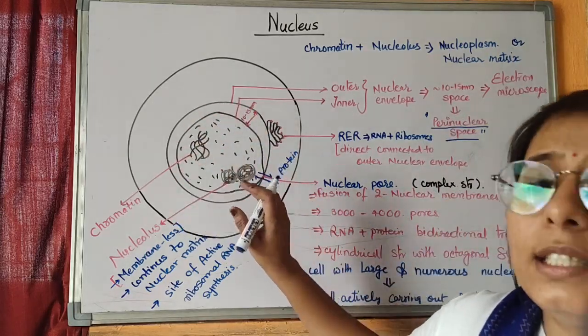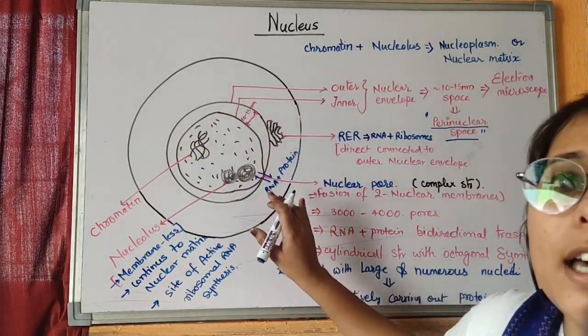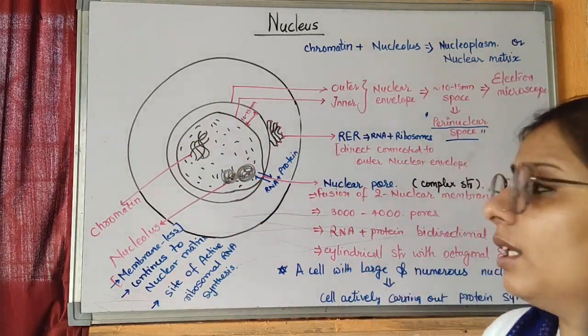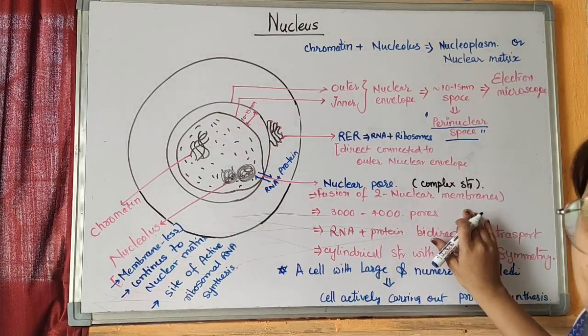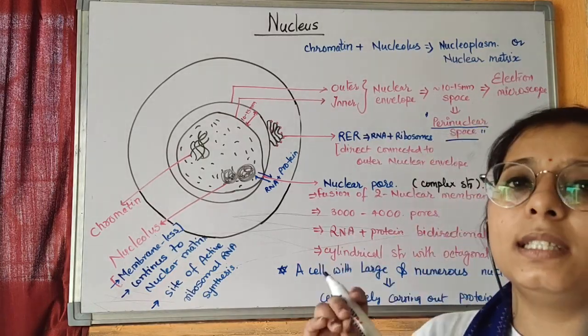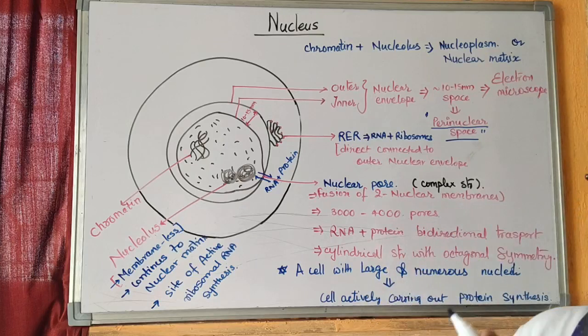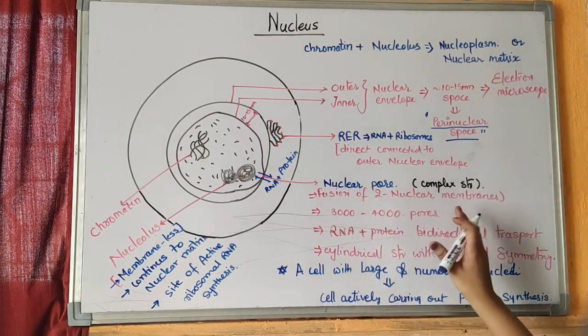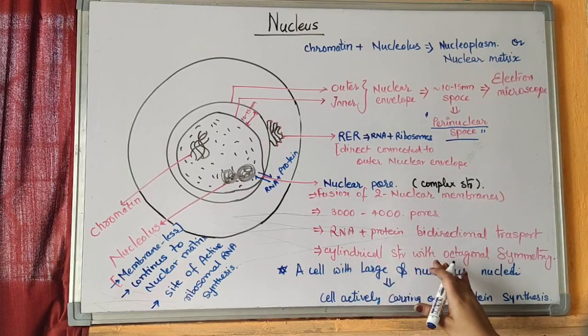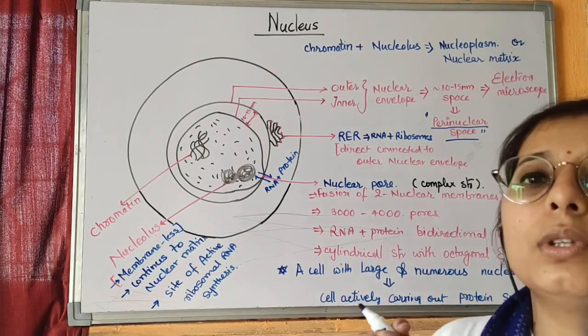At some points, the two nuclear envelopes are fused together and they form a nuclear pore. This nuclear pore is a very complex structure, and about 3000 to 4000 nuclear pores are present in a cell. The fusion of the two nuclear envelopes forms the nuclear pore, which has a cylindrical structure with an octagonal symmetry.